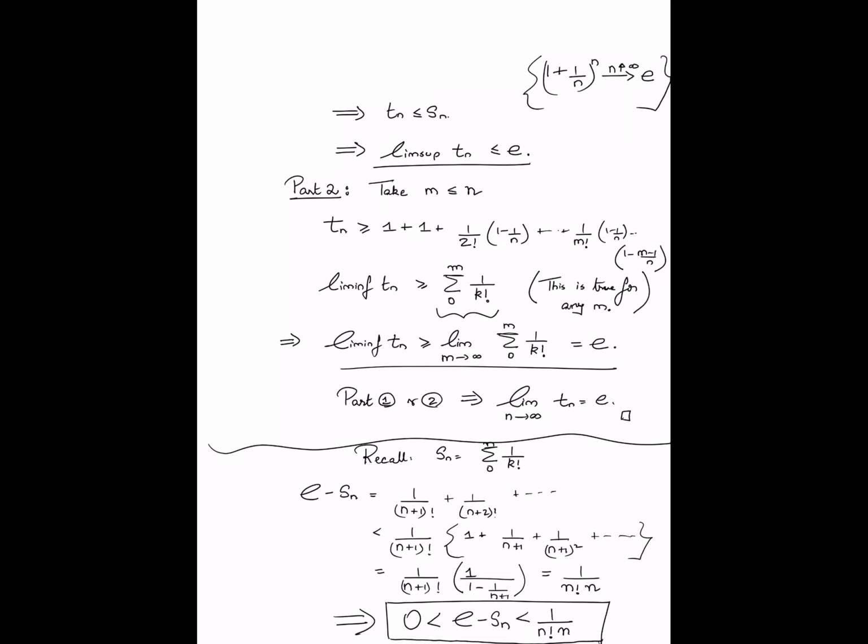So we have basically proved a bound on the error that you would accrue if you approximated E by taking only the first n plus 1 terms in the series. An (n plus 1)-term approximation of the series that defines E will incur an error of at most 1 by n factorial times n.